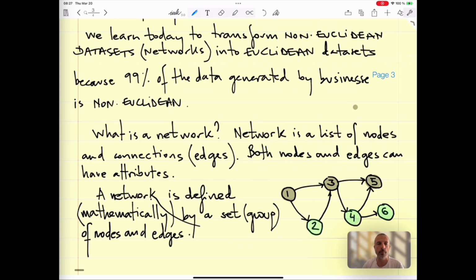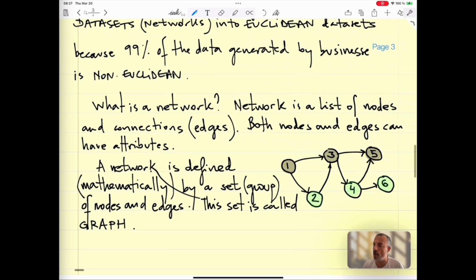This set is called a graph. And this word is important. So when we talk about graphs, we're talking about networks. A graph, G, is the union of a set of nodes and a set of edges.